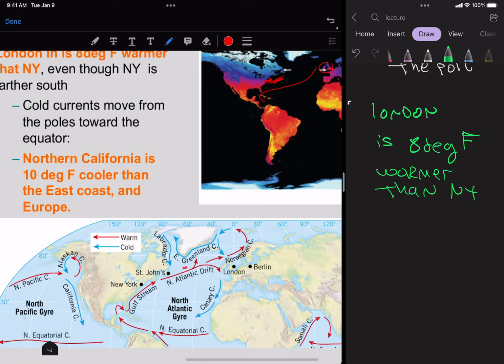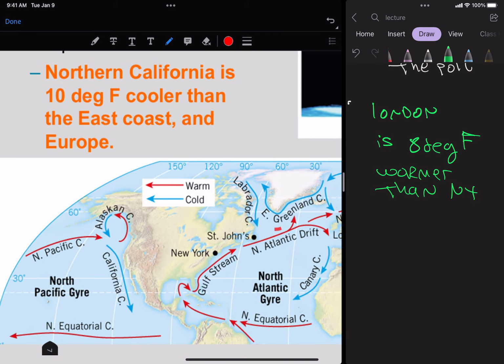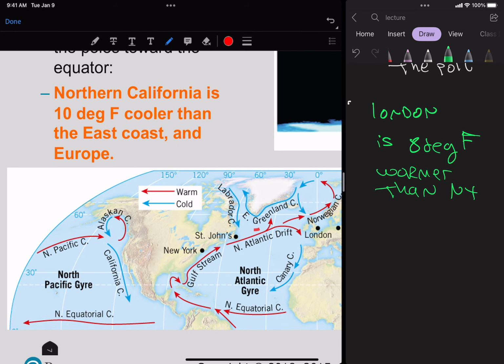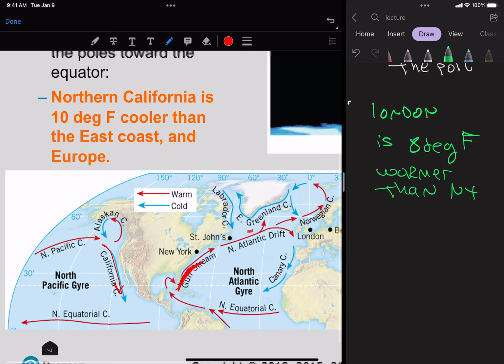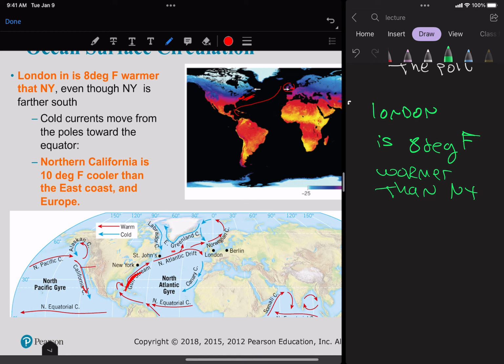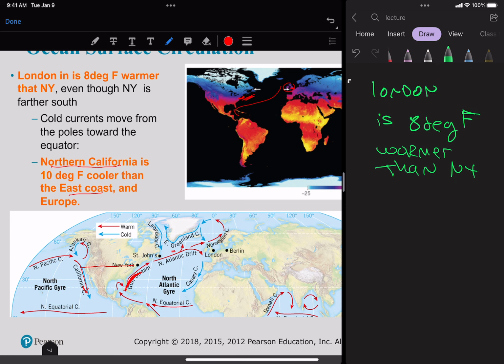And the same thing happens in California. If you look at the East Coast here versus the West Coast, by the East Coast you have this warm circulation pattern, or ocean current, that's passing by, and on the West Coast you have a cold current that's passing by. And what you find is, again, at around the same latitude, in this case Northern California versus the East Coast, because there's a cold current passing by Northern California, it's going to be colder than the East Coast at the same latitude.